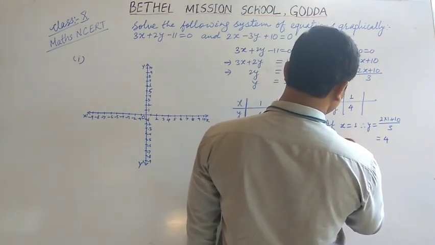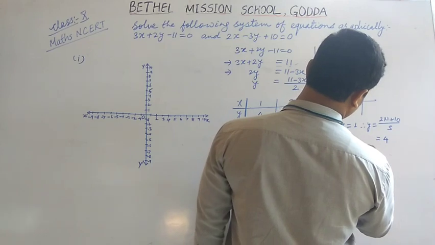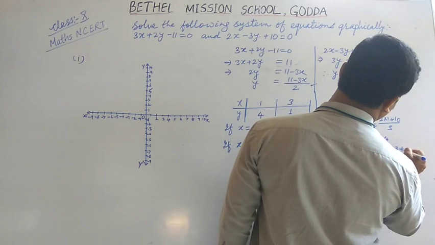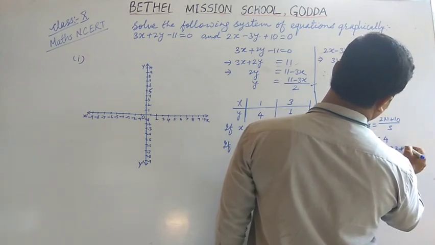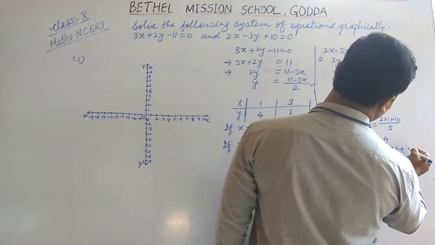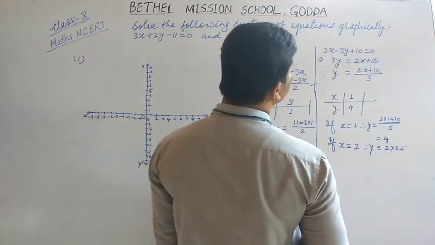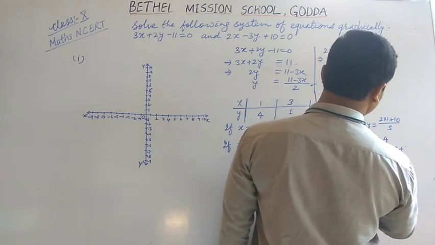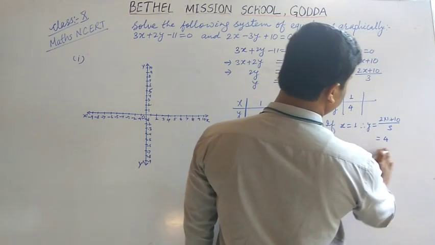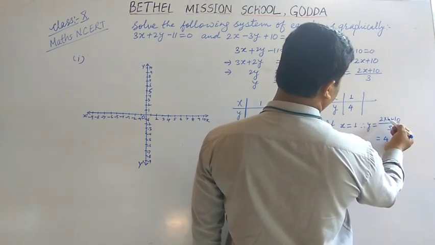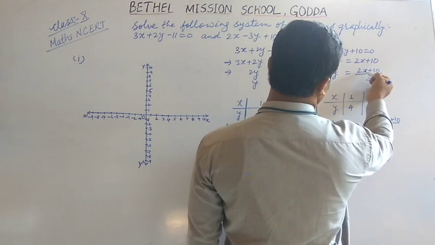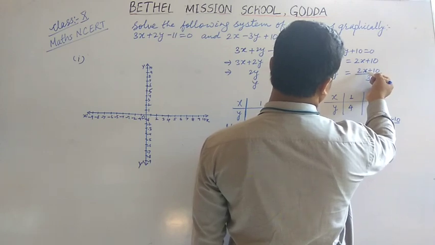If x equal to 2, therefore y equal to 2 into 2 plus 10 upon 3. But by 3 it is not possible to divide, so we will take a number which will divide exactly. We will take minus 2.